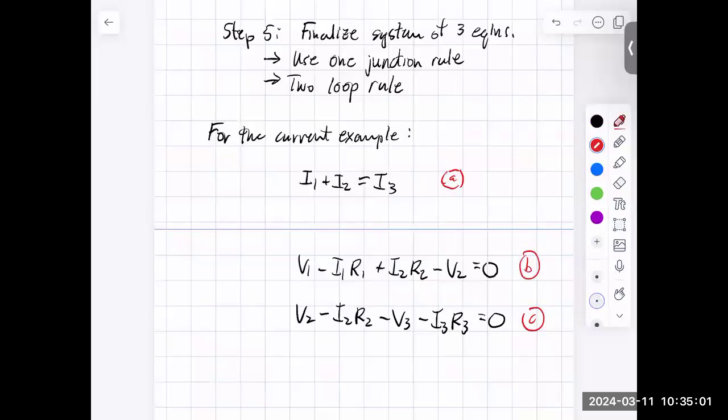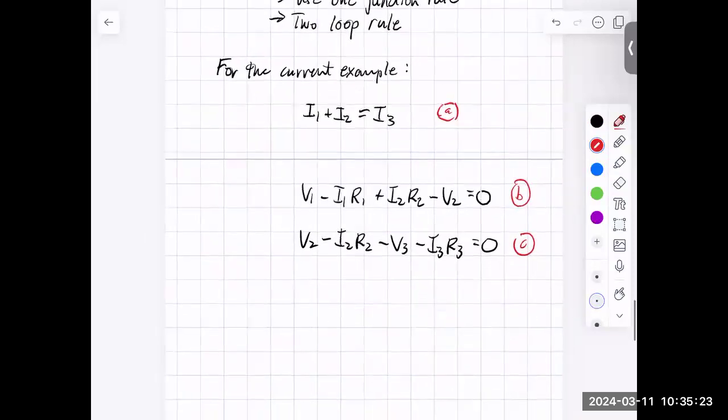For example, equation B does not involve I3, but it is in the other two, so it's okay. At this point, it's no longer really a physics problem. We've done all the physics, the setup. Now it's just a math problem. Solve the system of three equations for the three unknowns.